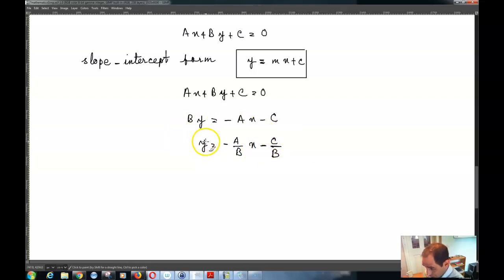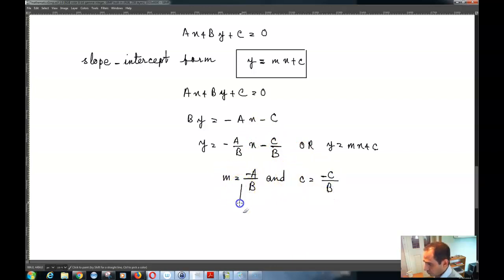And then of course you can compare. You can write this equation as y is equal to mx plus c, and if you compare, then you can say that m is equal to negative a by b, and c is equal to negative c by b.